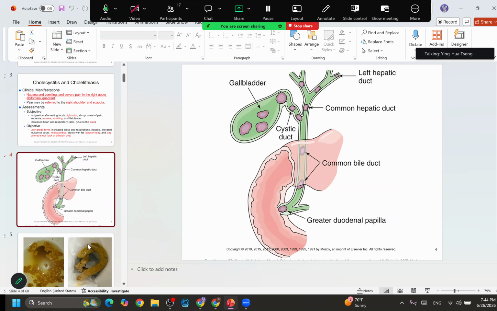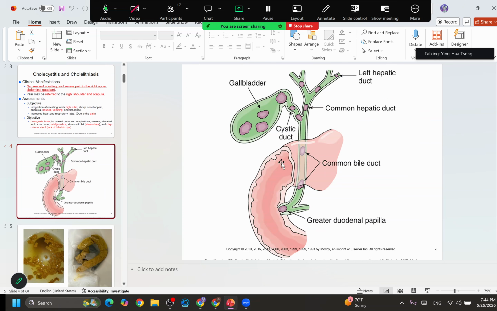Let's see the picture here. You can see all the stones here. Stones inside are usually still okay, but unfortunately the stone comes out and blocks your duct, the cystic duct, the common hepatic duct, or the common bile duct. Here is the blockage, and that causes the duct to have a spasm, so it's very painful.